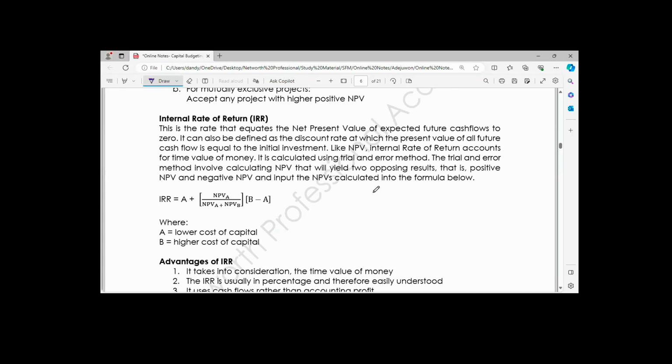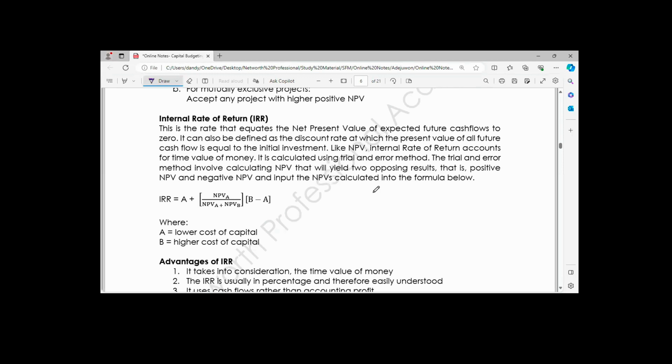The internal rate of return is also known as break-even rate of return, market discount rates, yield to maturity. It is the rate that equates the NPV of the future cash flow to 0.